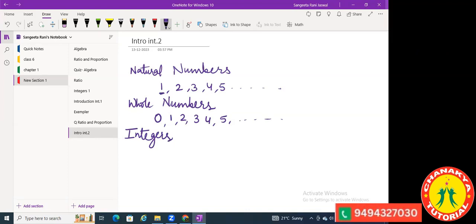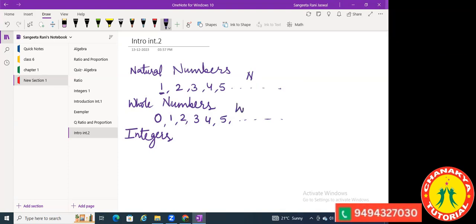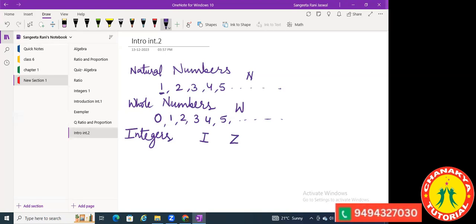Natural numbers we denote with capital N. When we have a set of whole numbers, we denote it with capital W. And integers, in our new notebooks, we are learning that it is denoted with I, but in some old books it was denoted with Z also. Yes, ma'am, in my book they are denoted with capital Z.